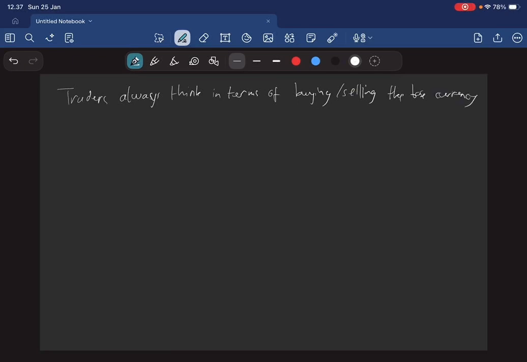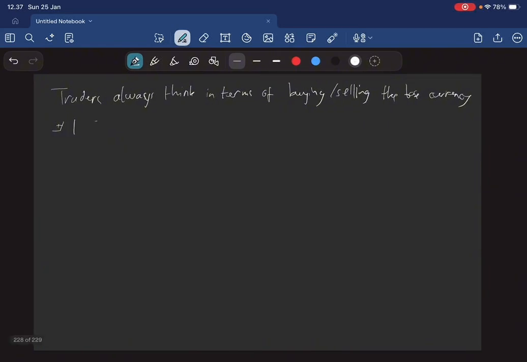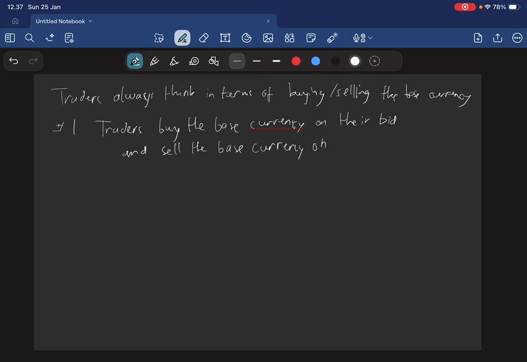Let's say traders buy the base currency on their bid and sell the base currency on their offer.